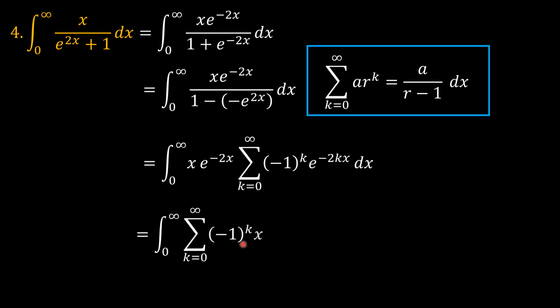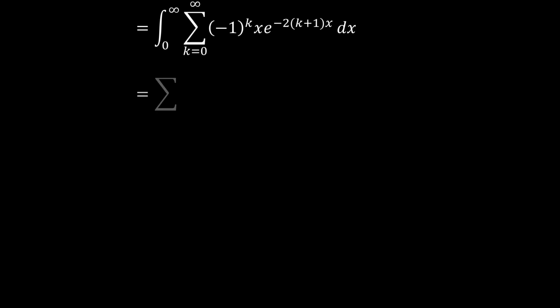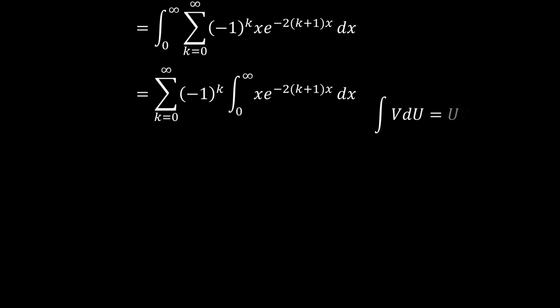So we have negative 1 to the power k, integrated between x equals 0 to x into infinity, of x times e to the power negative 2 times (k plus 1) x. So we can pull the integral sign out, because integrating the sum of things is the same as the sum of the integral of things. That's just straightforward. We don't need to prove anything there.